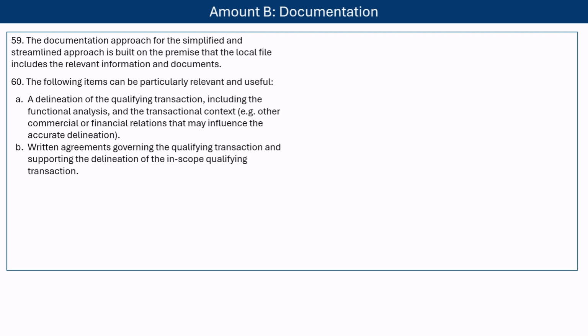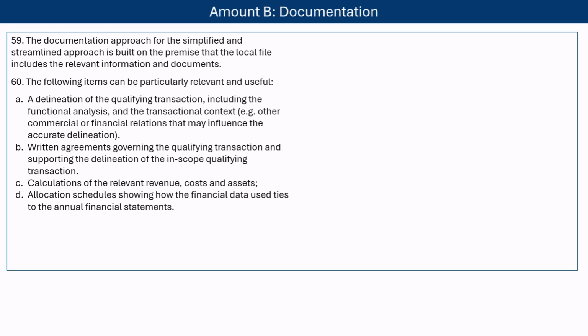B, written agreements covering the qualifying transaction and supporting the delineation of the in-scope qualifying transaction. And C, calculation of relevant revenue, costs, and assets. D, allocation schedules showing how the financial data used in your documentation ties to the annual financial statement.